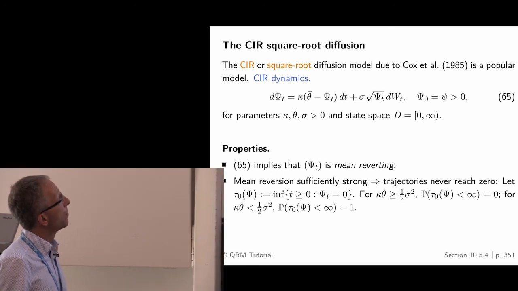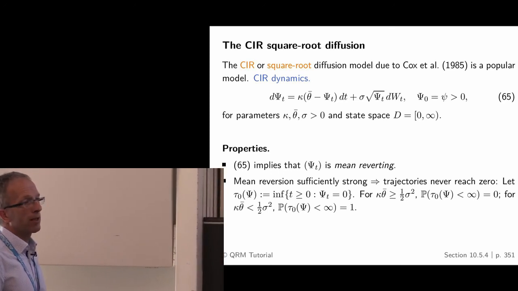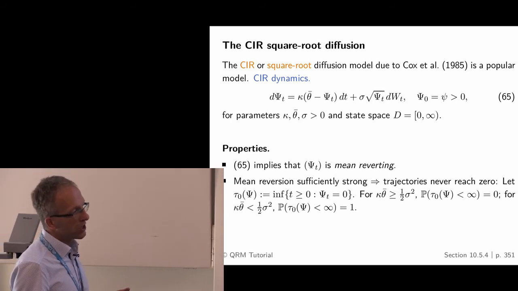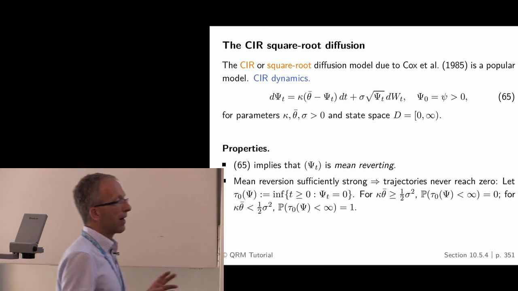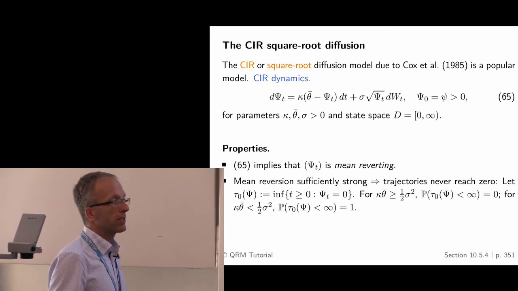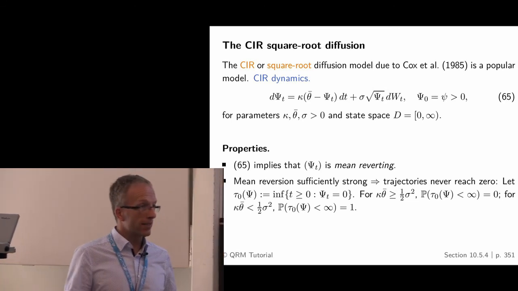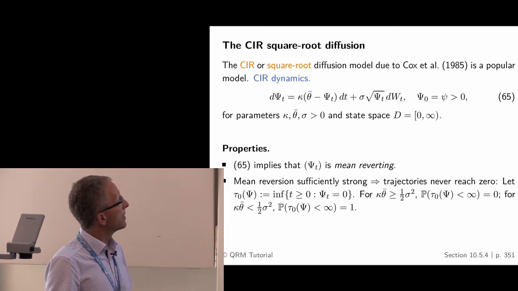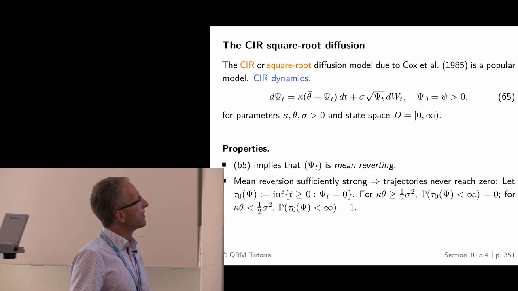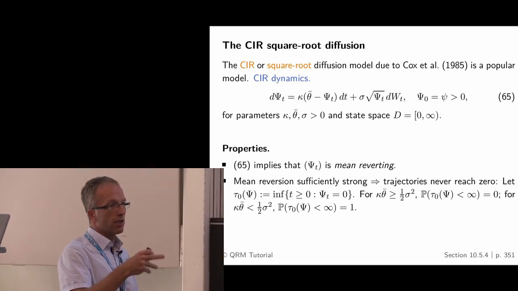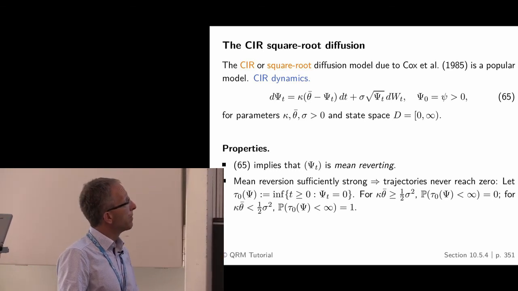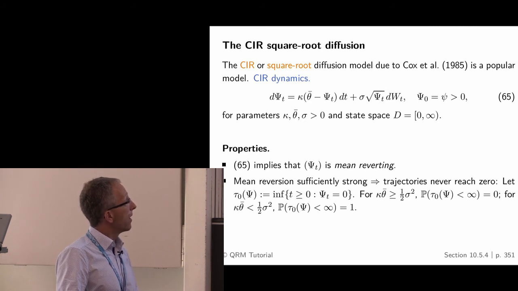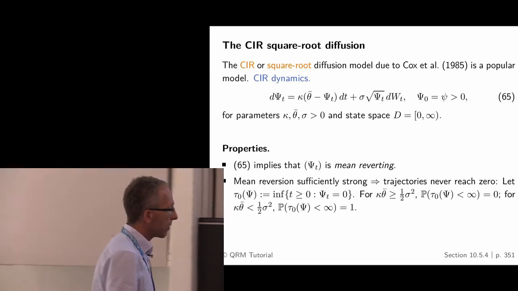You can omit it completely, then you would have the Vasicek model, but then you have the problem that the model can become negative, which in the current environment is okay for interest rates, but is total nonsense for hazard rates. It makes no mathematical sense. But here, this stays positive, at least if the parameters are reasonable. Otherwise, it can reach 0, but it will not become negative. If kappa theta bar is bigger than 1/2 sigma squared, then the model will never reach 0.